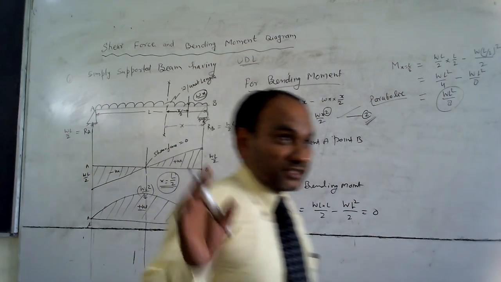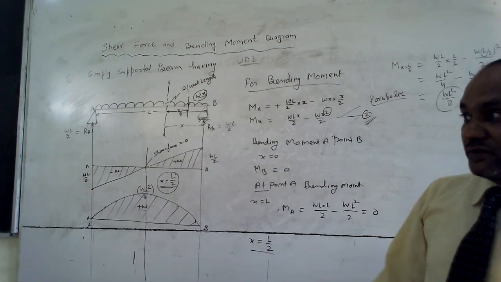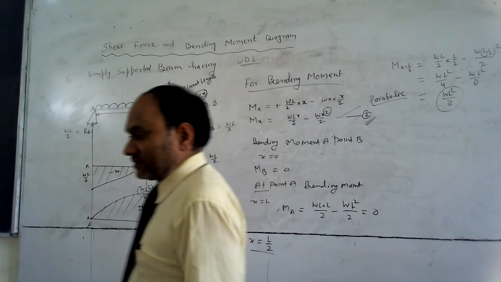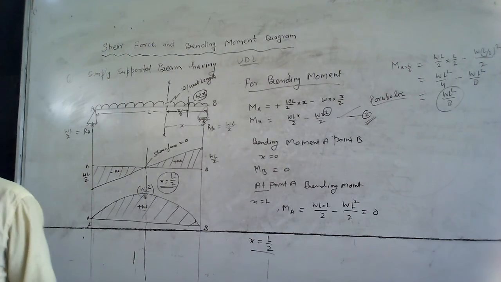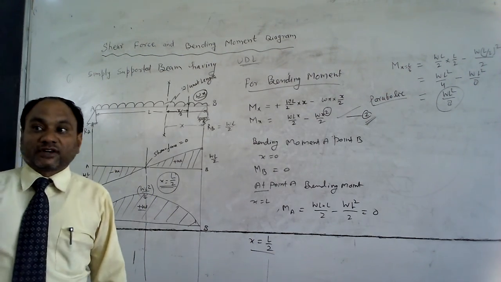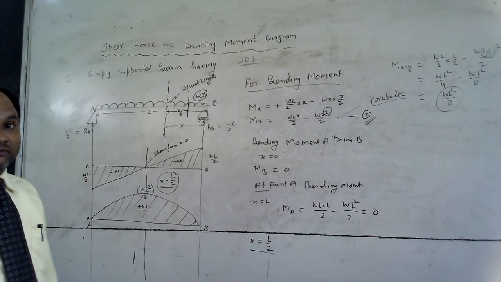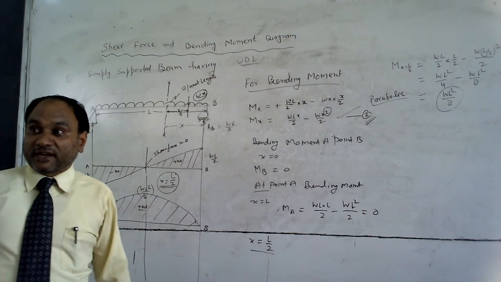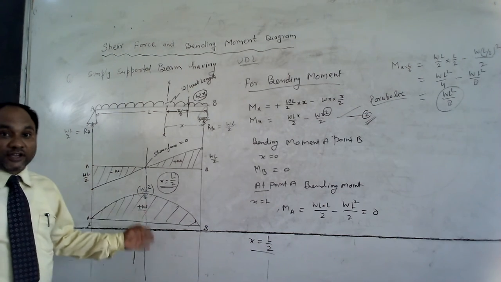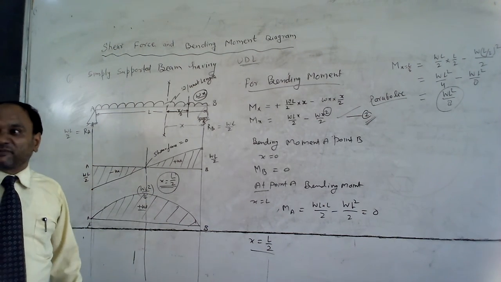Suppose this is a beam. This beam can be used in your houses and buildings, where the load is maximum, and the maximum bending moment can be calculated by using this. According to that, we can design the buildings.